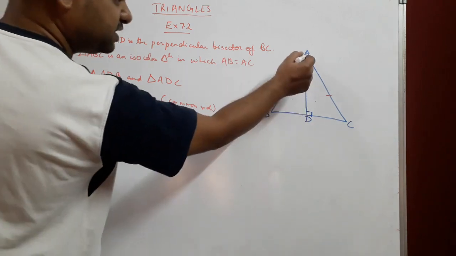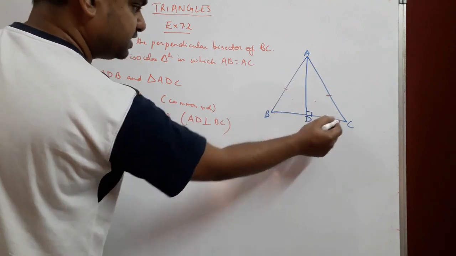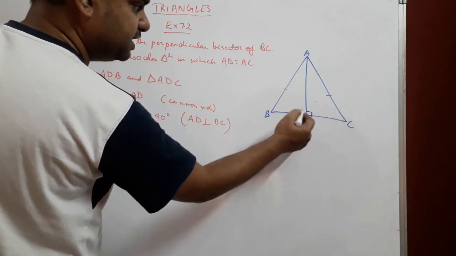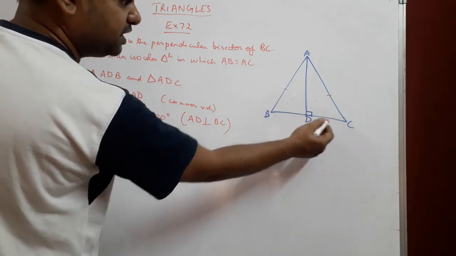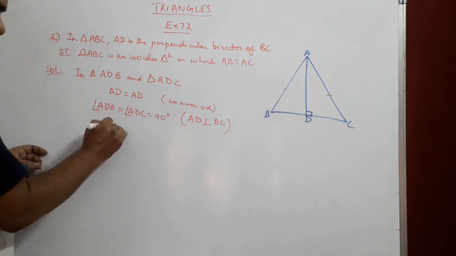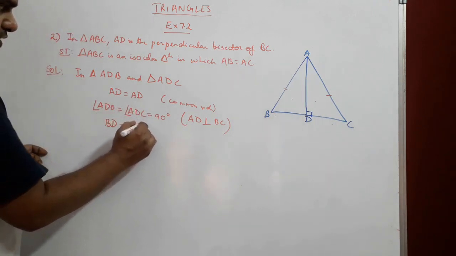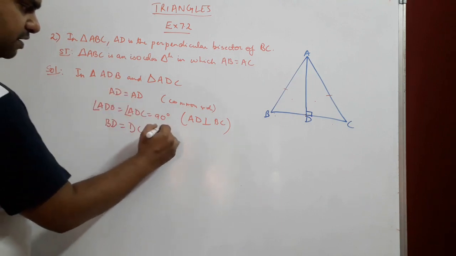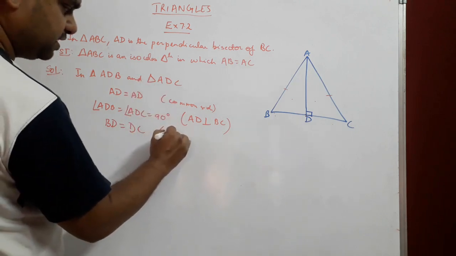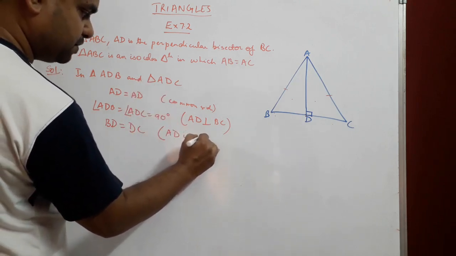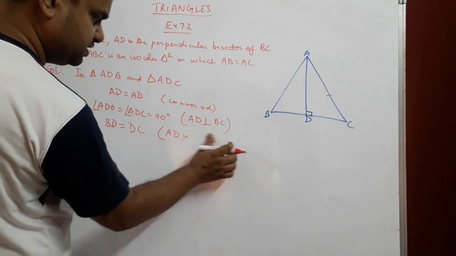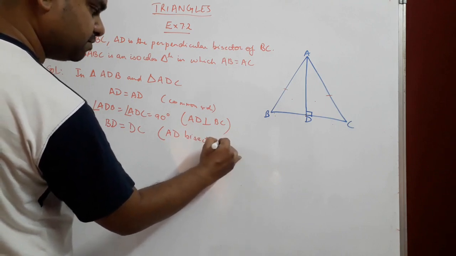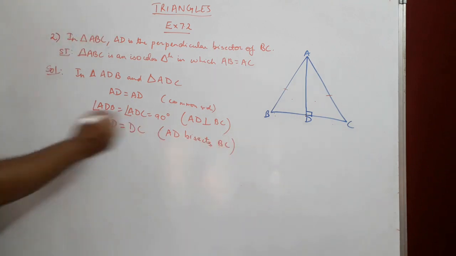Next, we have been given that this is a perpendicular bisector. Bisector meaning AD divides BC into equal parts. Which are those equal parts? BD and DC, which means BD is equal to DC, because AD bisects BC, and this has been given to us.